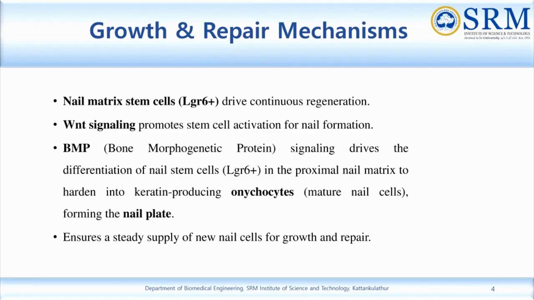And there is BMP signaling, bone morphogenetic protein signaling, which drives the differentiation of the nail stem cell LGR6+ into the proximal nail matrix, which matures into the keratin producing onychocytes. The onychocytes are the mature nail cells which will form the nail plate.